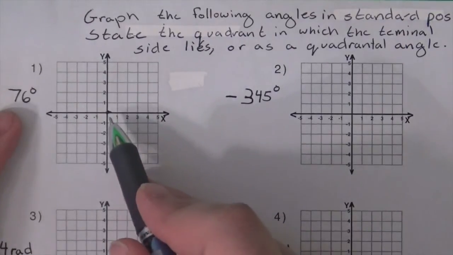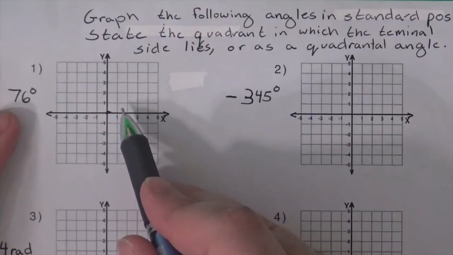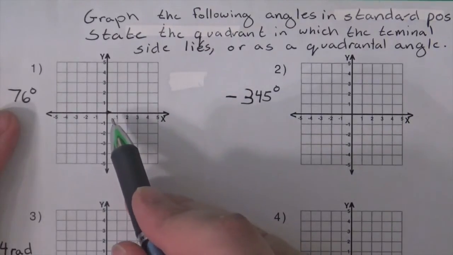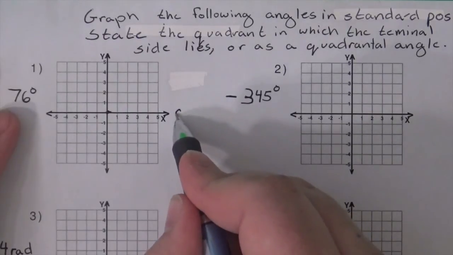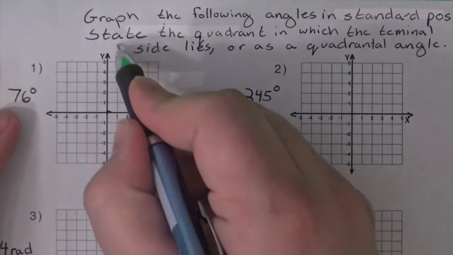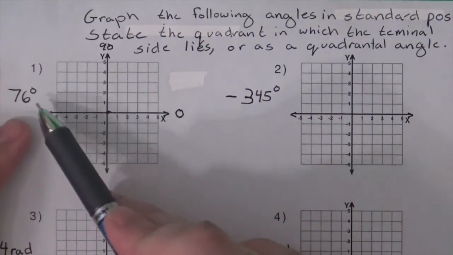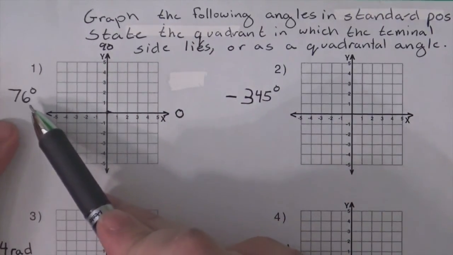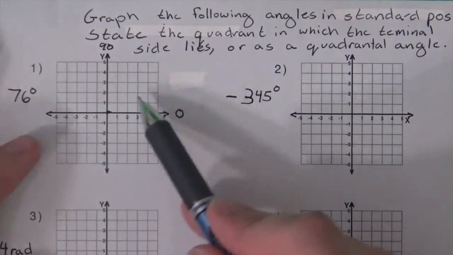Well, I could get a protractor if I want to and actually measure 76 degrees, but I don't want to. I want you to go back to what I said. If we were going in a positive direction, we know that this would be 0 and this next piece up here would be 90. So do I need to go any farther? No. I should know that this 76 degrees is going to be somewhere in this quadrant.